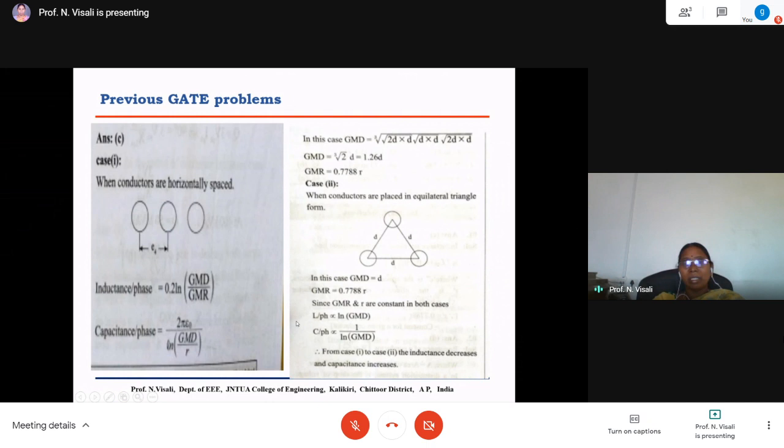From case 1 and case 2, the inductance decreases and the capacitance increases. This value decreases, which means this value increases. So from the analysis of these two diagrams, we can know that the inductance decreases and the capacitance increases if the conductor is placed horizontally and it is transposed into an equilateral triangle.